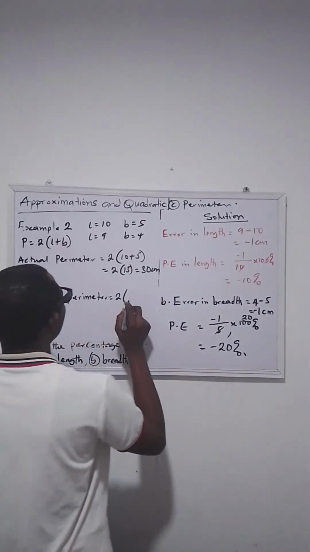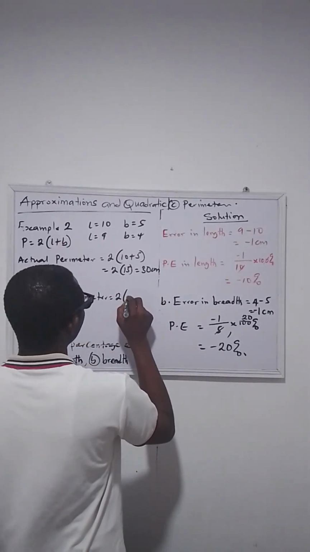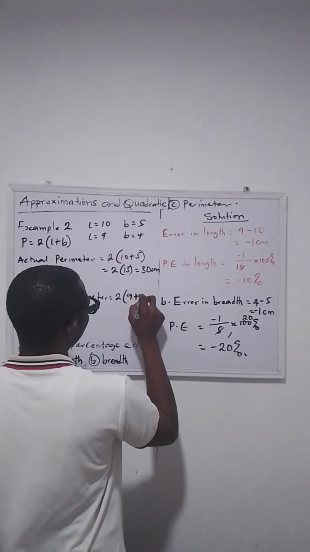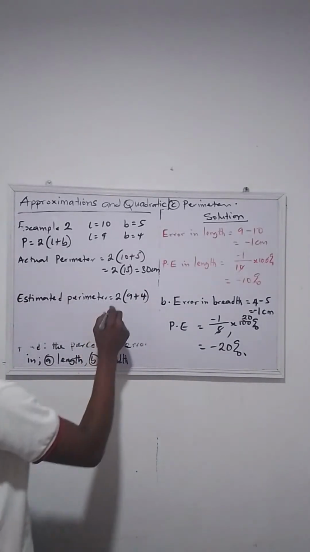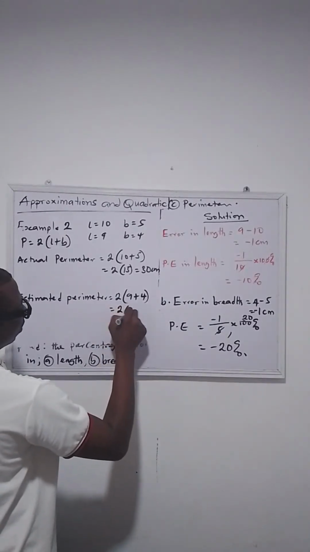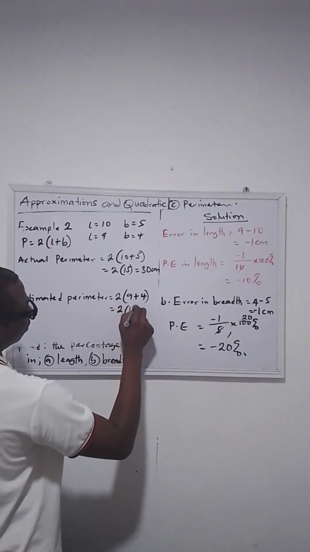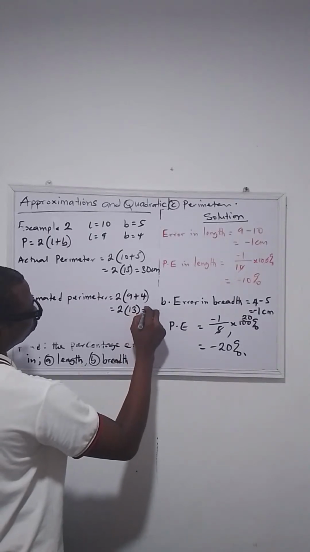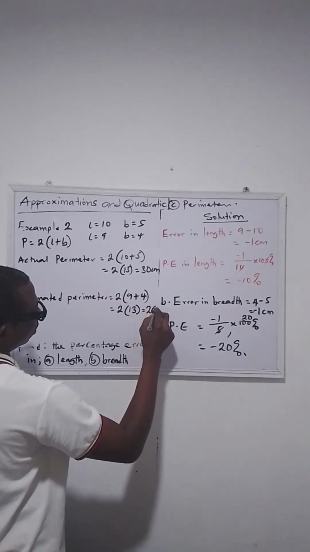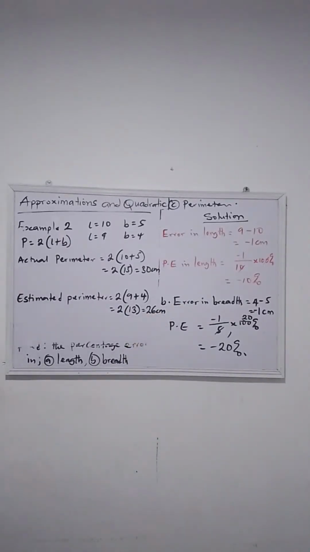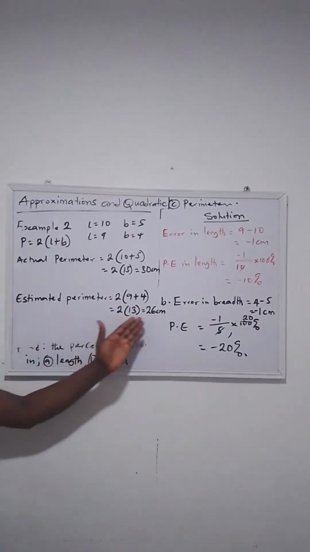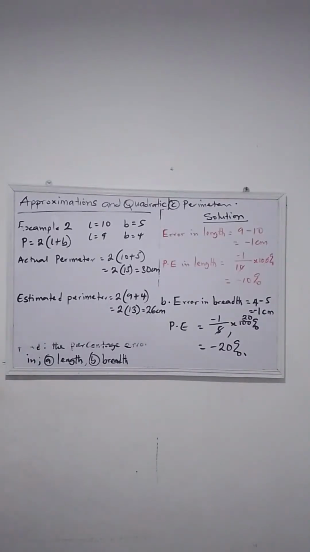So we have 2 times 9 plus 4. Okay, and that is going to give you 2 times 13. And that is 26 centimeter. Okay, so that's 26 centimeters. So this is the estimated perimeter.